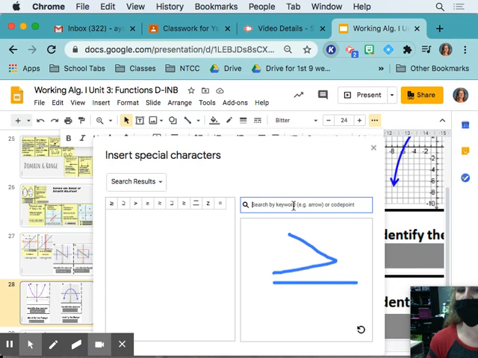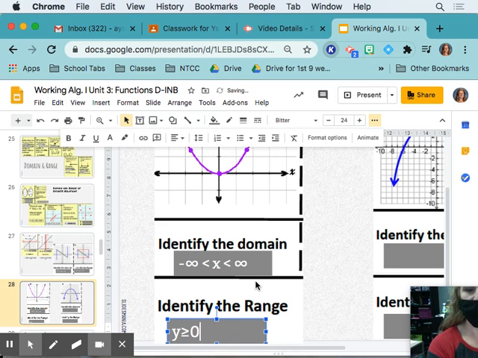You can also type the words in here, greater than, equal to, or kind of draw a little sketch of it, and then you can put it in. Greater than or equal to 0. That is your range. Y is not below 0 at all. It only is at 0 or greater. That symbol is a special character. Remember, you have to go to Insert, Special Characters.